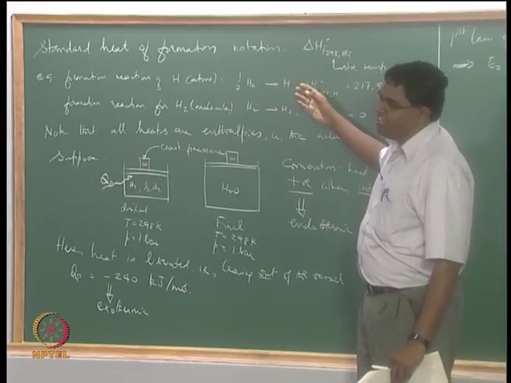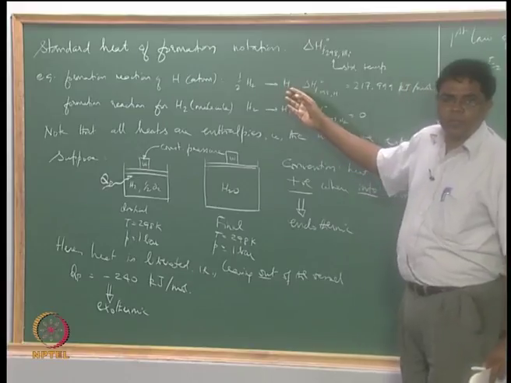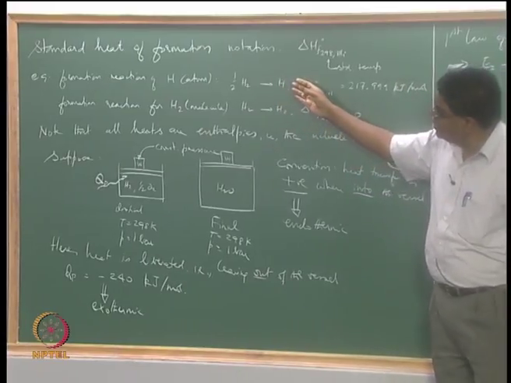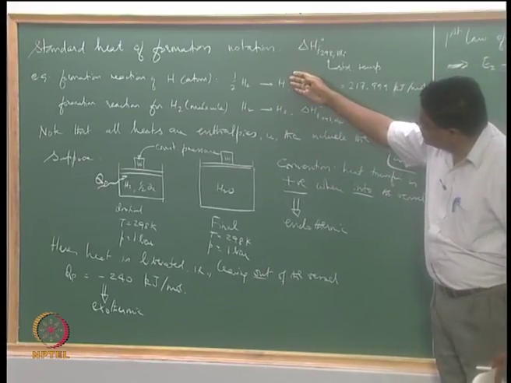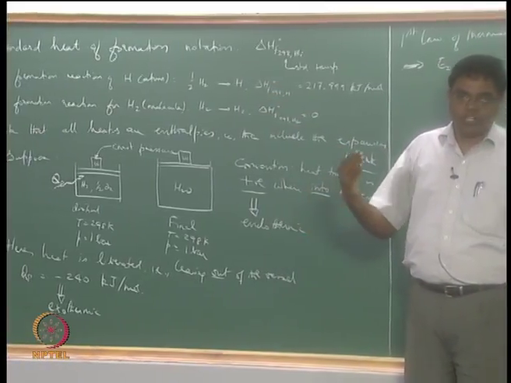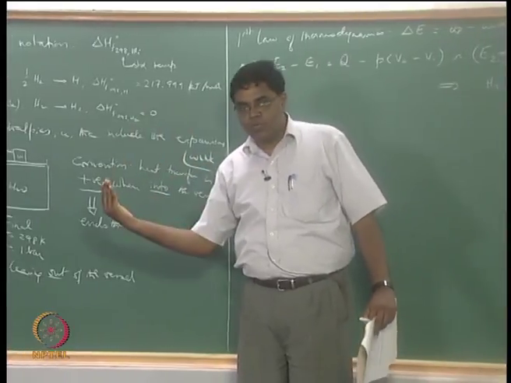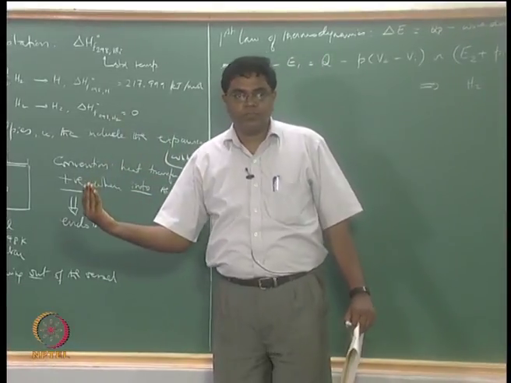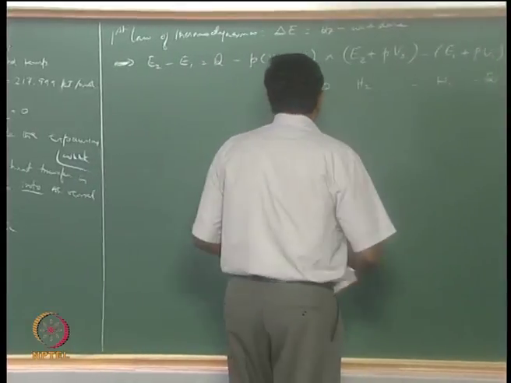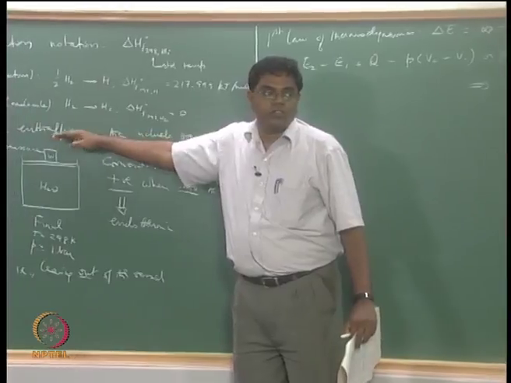Therefore you can directly say the heat of formation of any species is essentially its enthalpy, okay, because it's not really an enthalpy change anymore, because it's changing from 0 for the reference element, alright. Therefore you can simply say that all heats are enthalpies, right.